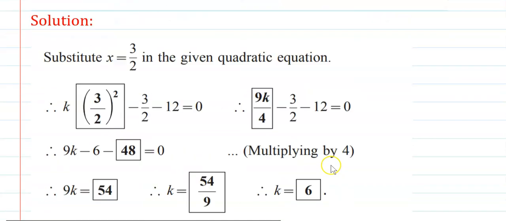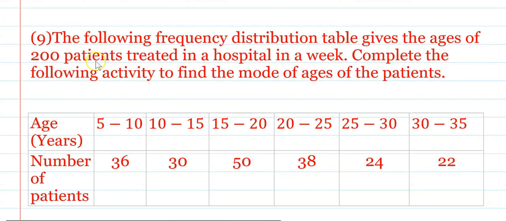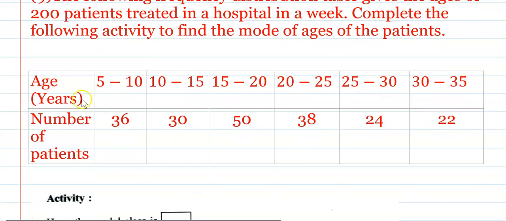Now the next activity. The following frequency distribution table gives the ages of 200 patients treated in a hospital in a week. Complete the following activity to find the mode of ages of the patients.